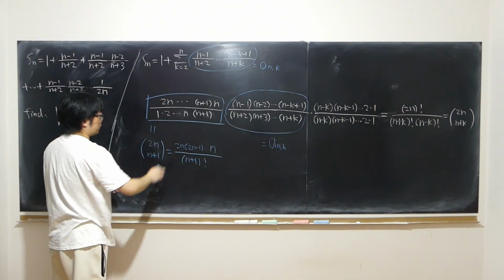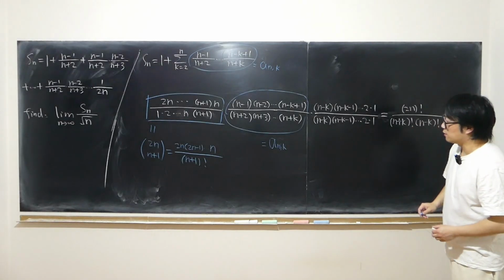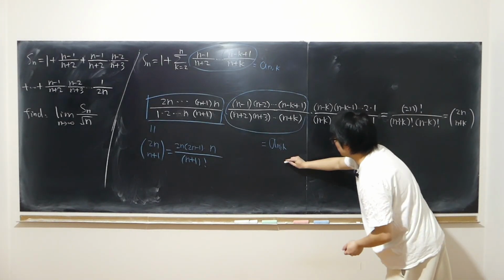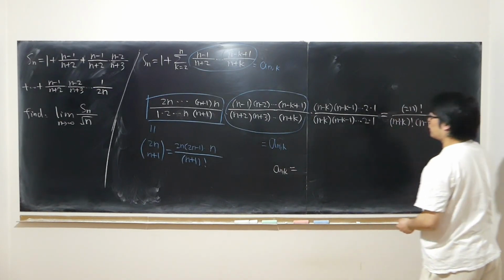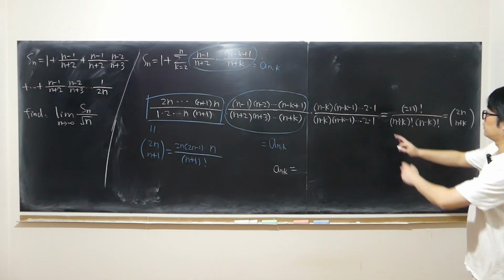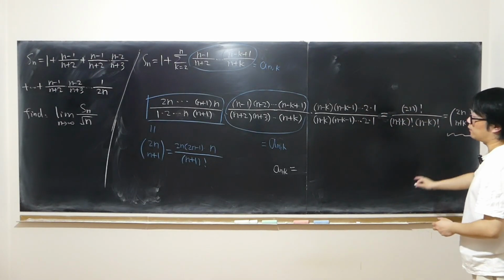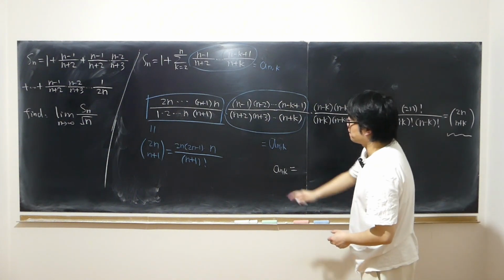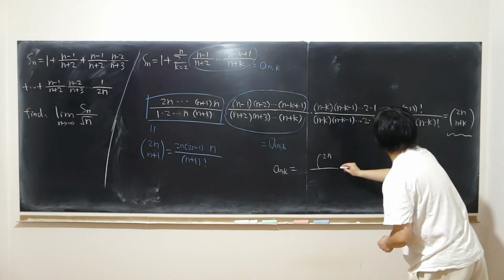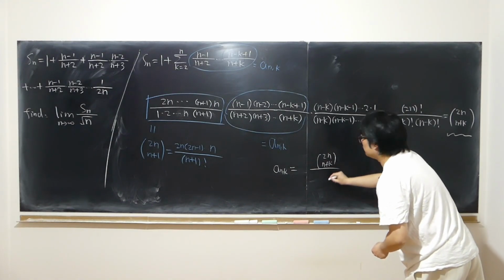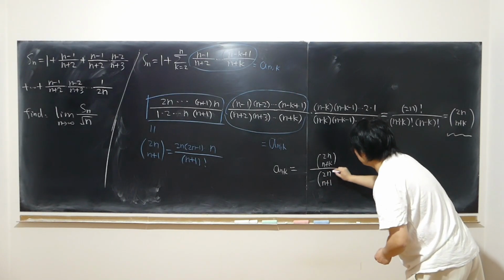So really this is another combinatoric. Now I can easily write down A n,k. The whole thing is equal to 2n choose n plus k divided by 2n choose n plus 1.